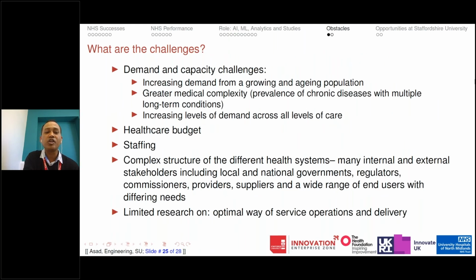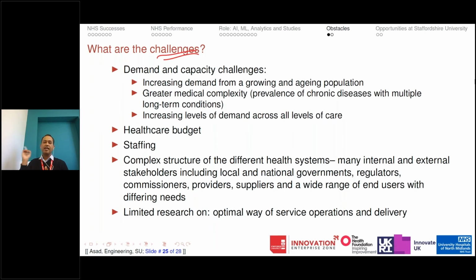If we look at what the challenges are, you know that the NHS is a very complex organization. Too many sub-organizations or people are involved. It is very difficult. There are so many challenges to talk about in just a 30-40 minute presentation.